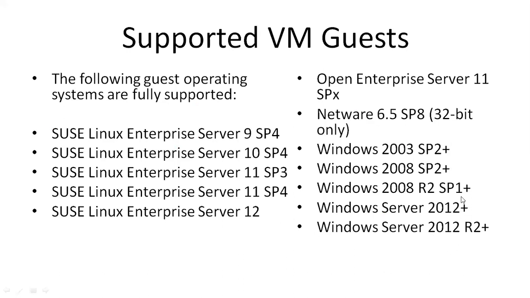And then Windows 2003 SP2 plus, Windows 2008 R2, Windows Server 2012 plus, Windows Server 2012 R2 plus, like that. These are all the supported virtual machine guest operating systems.